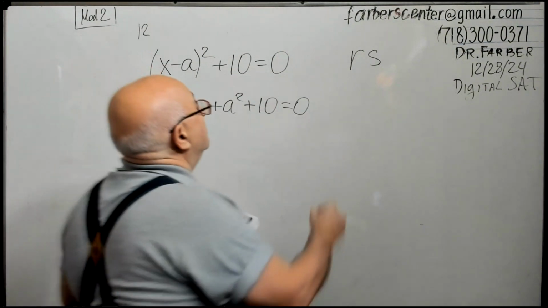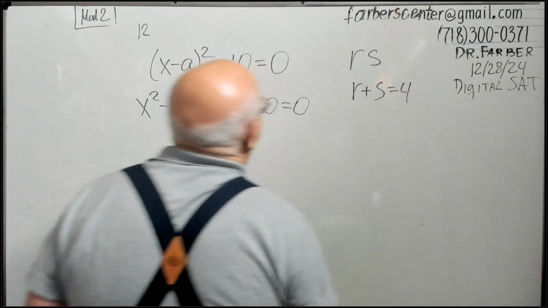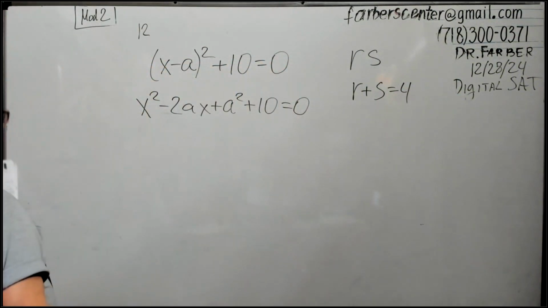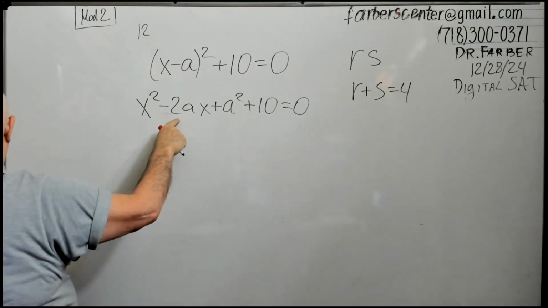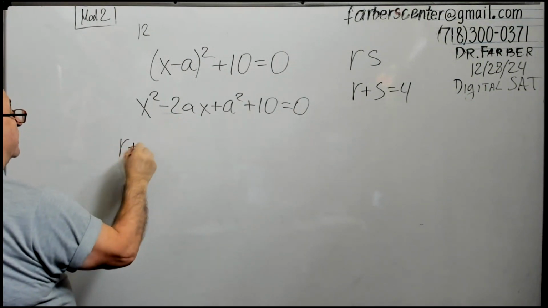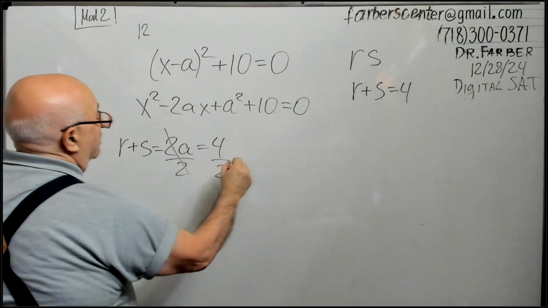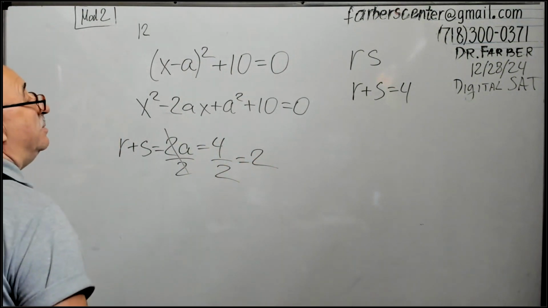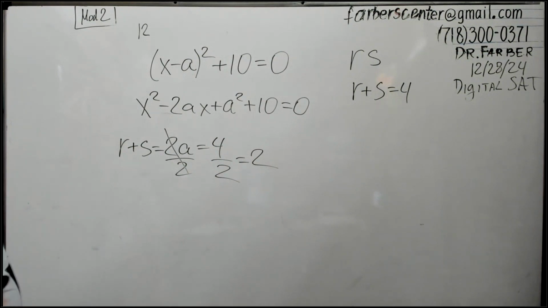r plus s equals 4. And what is r plus s? According to the Francois Vieta theorem, it is the second coefficient with opposite sign. So r plus s equals 2a equals 4. If you divide by 2, a equals 2.